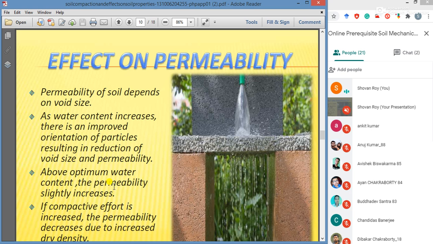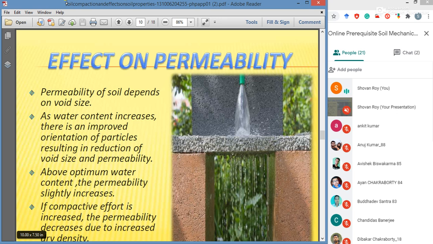Number 3, for a given void ratio, the greater the size of individual pores, the greater is the permeability. Normally, when the void ratio is maximum, voids are maximum, then the soil is also maximum permeable. When we take sandy soil, sands normally have no adhesive or cohesive, glue type character.